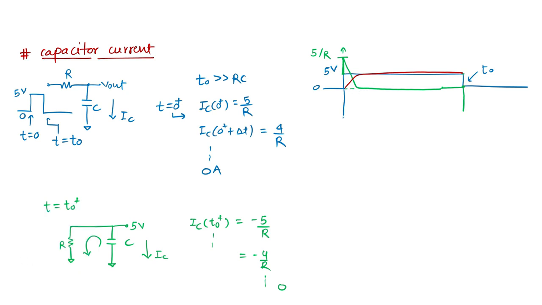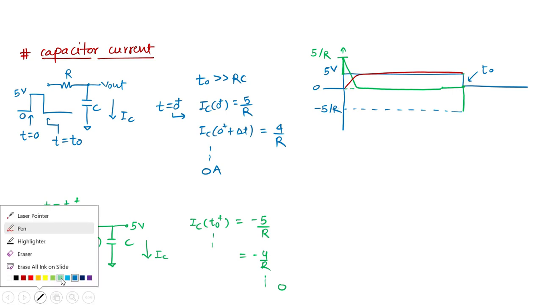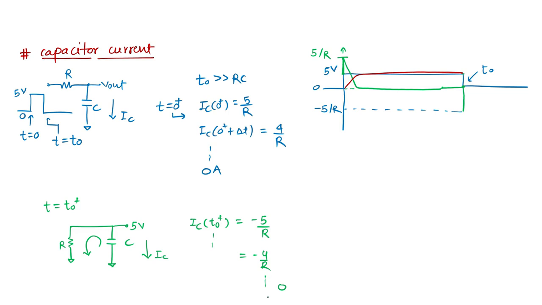This is my y axis. Somewhere here it is minus 5 by R, and after that, as we have seen from the equation and also from intuition, it goes from minus 4 by R or minus 3.5 by R to 0. It is reducing, which means it follows a charging-type equation and it will reach 0.